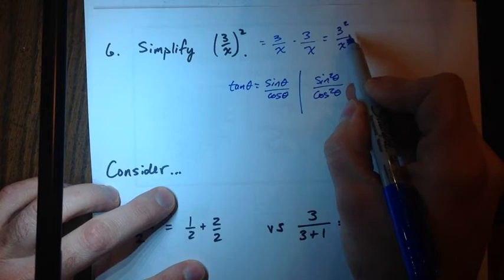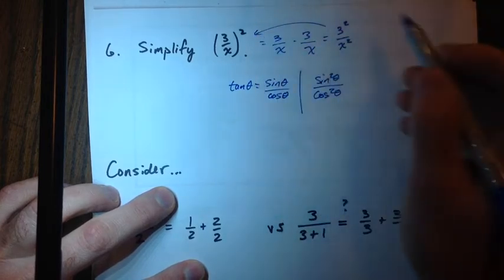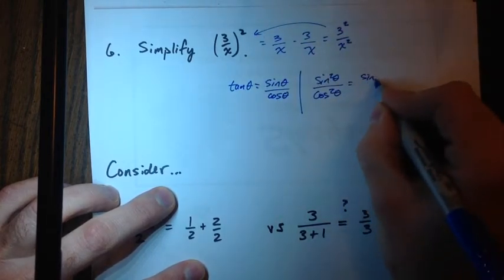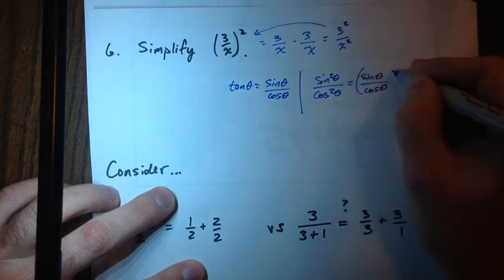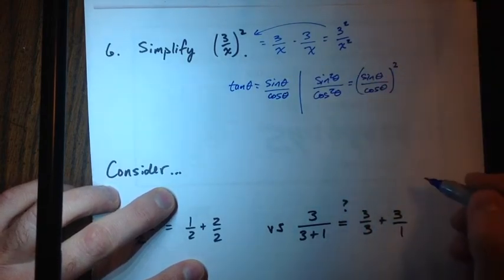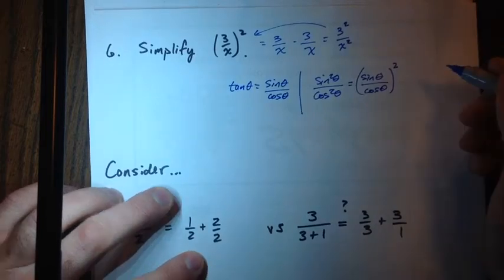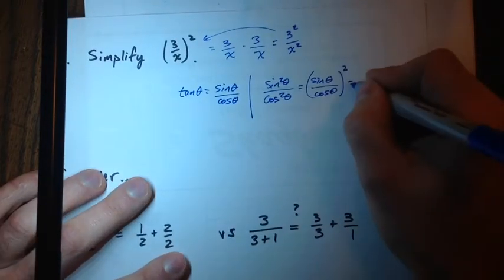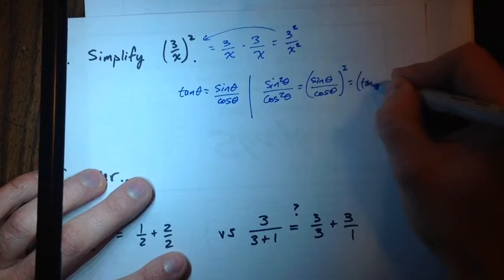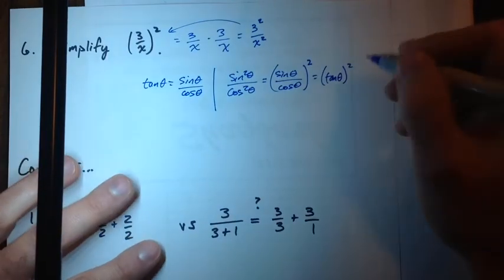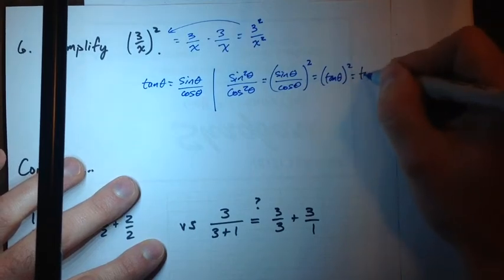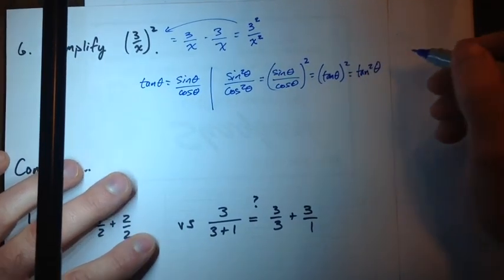Using this idea in reverse, I can think of this as sine theta over cosine theta to the second power, which I can then think of as tangent theta to the second power. And at the end, I can write this as tangent squared theta.